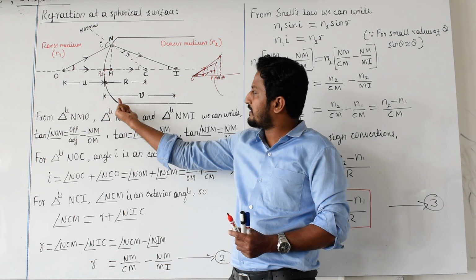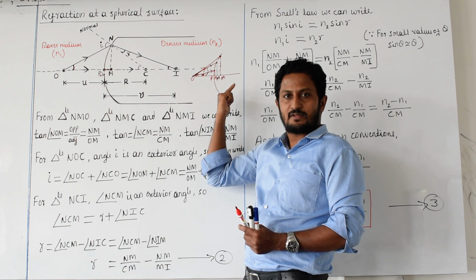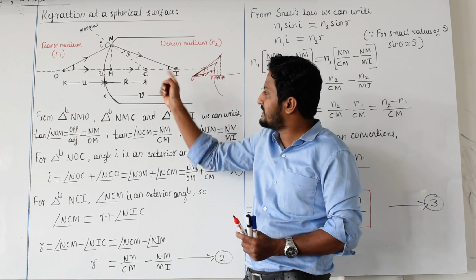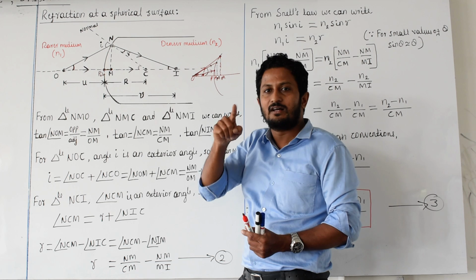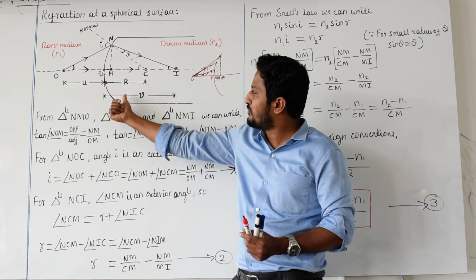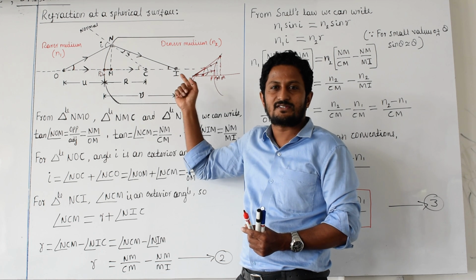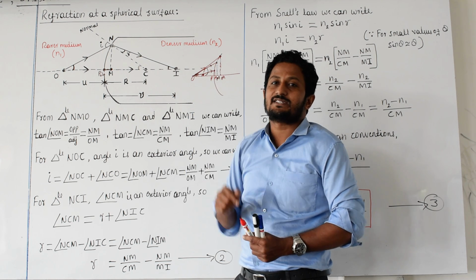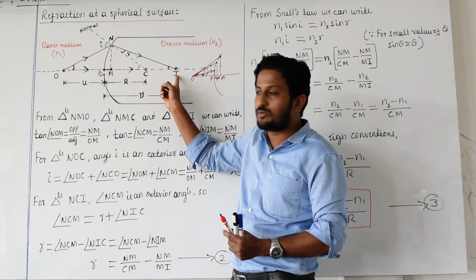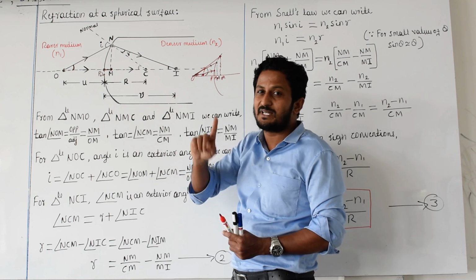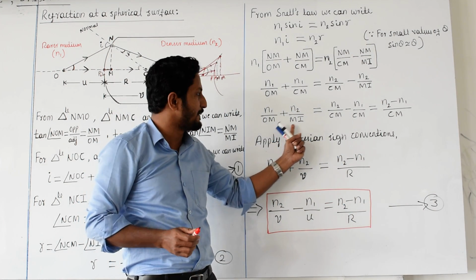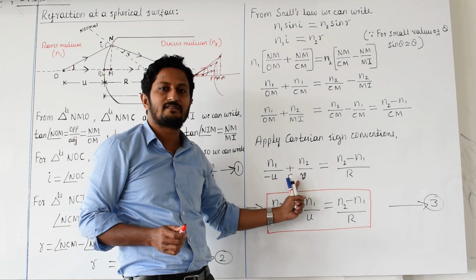Your measurement starts in this direction, I mean it is along the direction of incident light. So this image distance v you have to consider as positive, because you are measuring the distance along the direction of incident light. So MI is equal to plus v. Here in place of MI we have taken plus v.